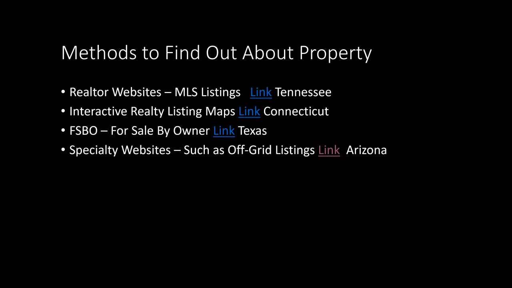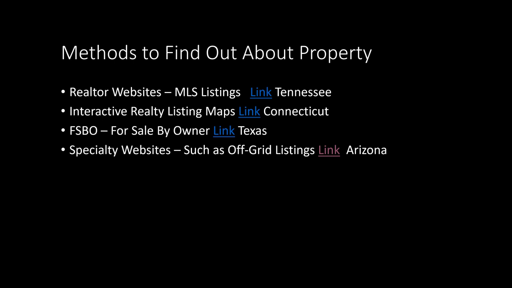Okay, the next category that we're going to consider are specialty websites, such as ones that are listing only properties that are off-grid. There are a number of these. This particular one we're going to use as an example shows a property that is in Arizona, as well as some in South America.